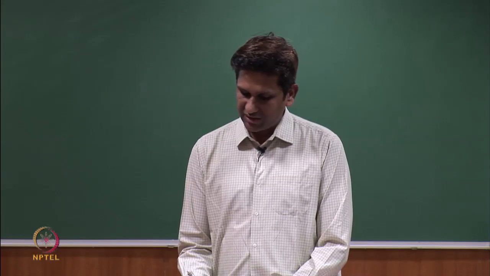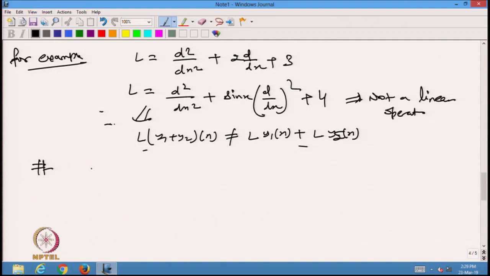So I know that this is my second order differential equation. Let us take one example. I have a very simple differential equation: (dy by dx) square plus some constant, I just take 4 dy by dx, is equal to 0.